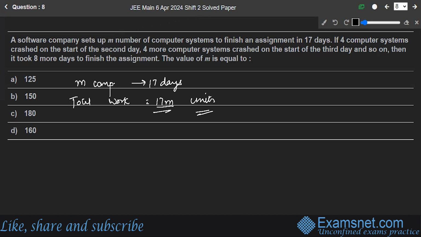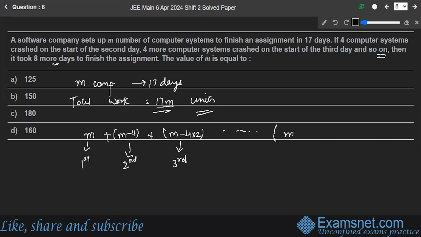Let's say now it says like M computers work for the first day, and on the second day it is M minus 4, because on the second day 4 computers crashed, right? And on the third day 4 more crashed, and this is for your third day. So it will go on and so on. It says and so on, then it took 8 more days to finish the assignment.